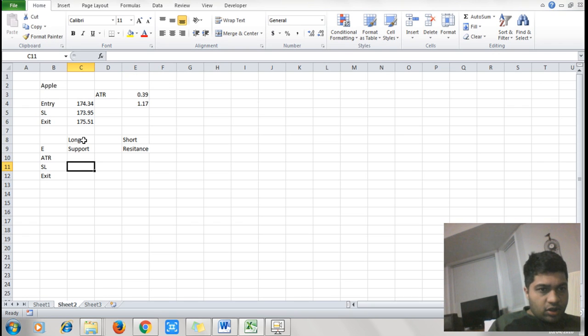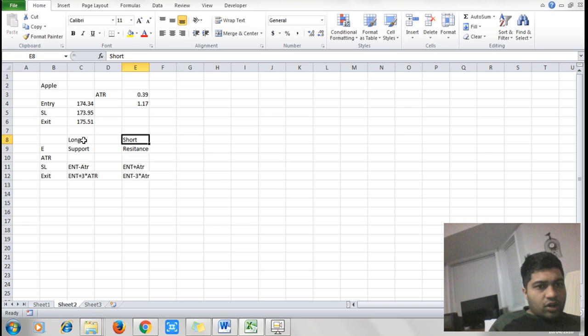Okay, stop loss is entry minus ATR, stop loss is entry plus ATR for short trades. For exit, the exit point is entry point plus 3 times ATR, and exit here is entry point minus 3 times ATR.